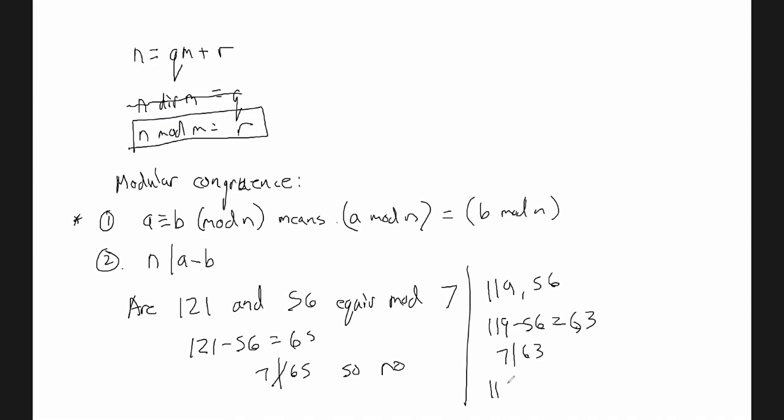So 119 is equivalent to 56 mod 7. So given two values and asked if they're congruent mod n, you should just use this definition: see if n divides their difference. Any question about that?